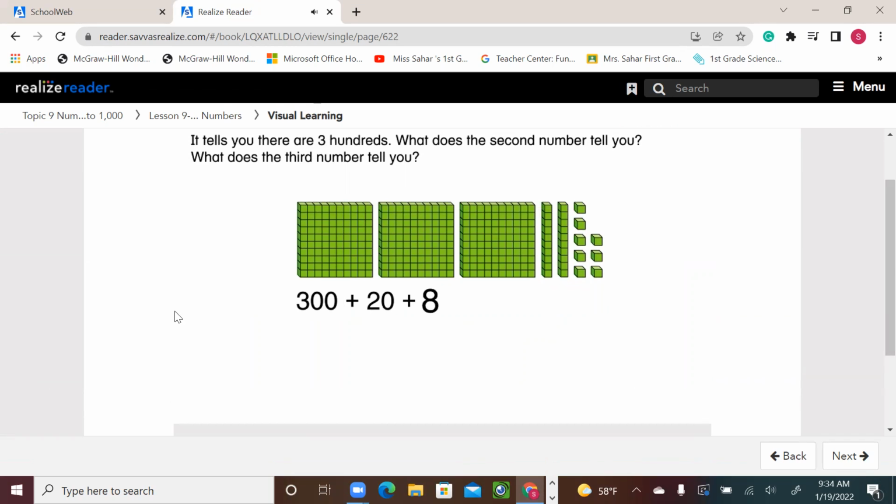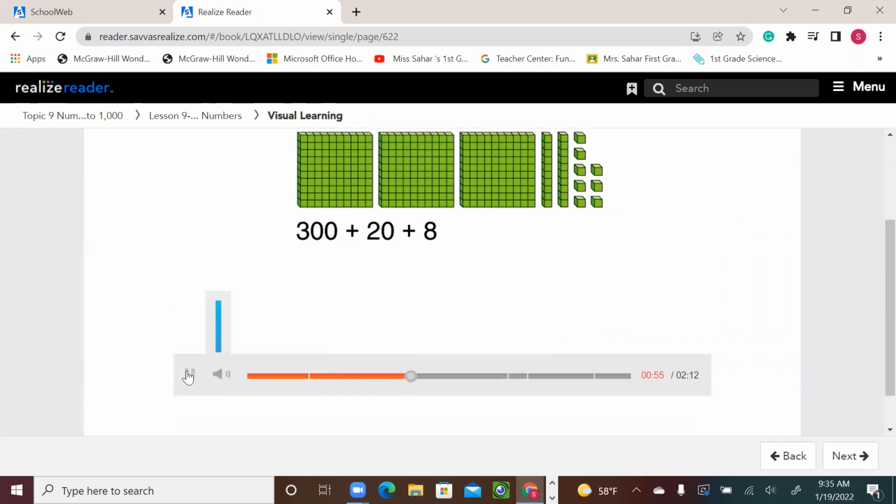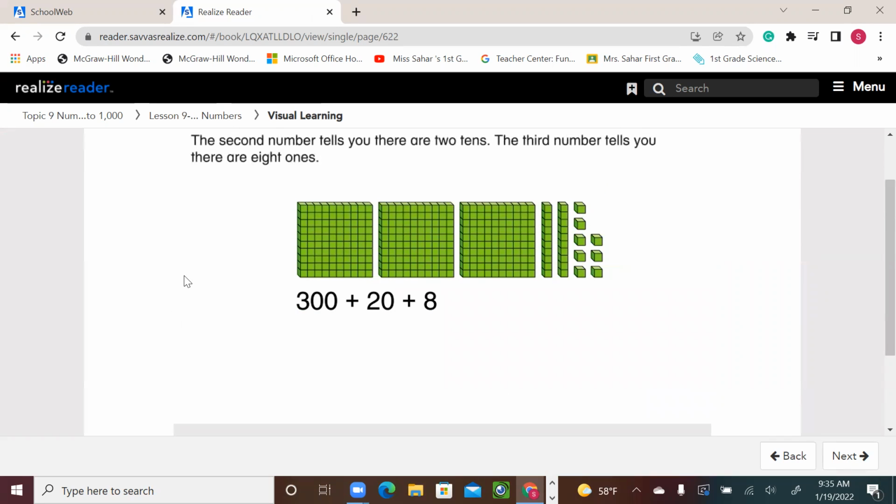What does the third number tell you? The second number tells you 2 tens, the value of 2 tens is 20, and then 8 ones. The second number tells you there are 2 tens. The third number tells you there are 8 ones.